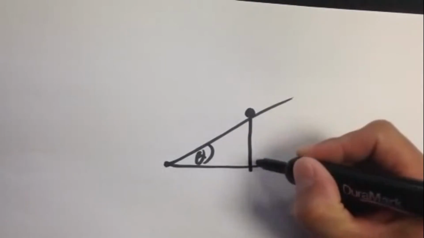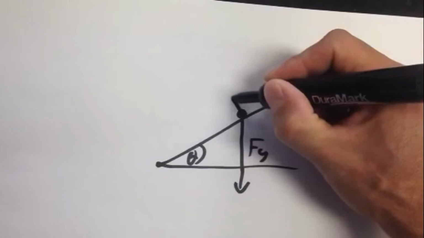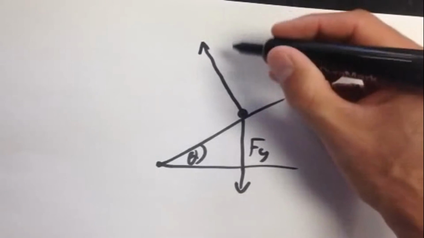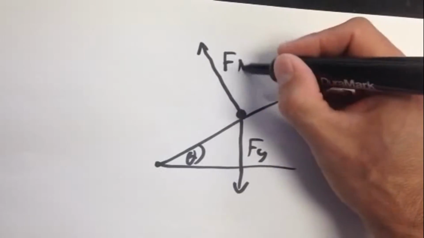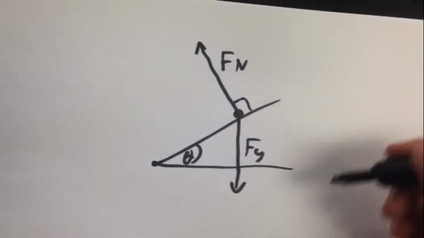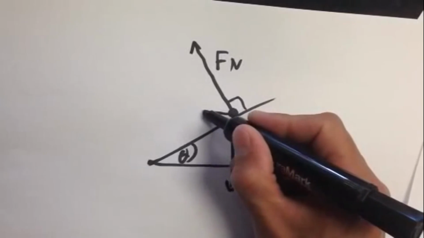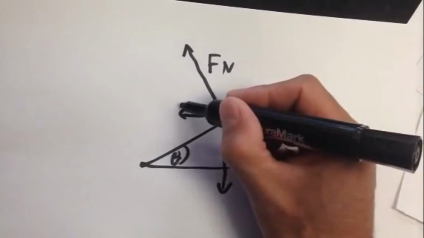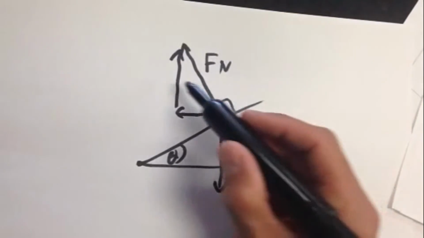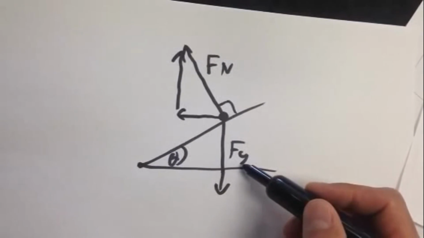But remember here, the difference is the force of gravity pulls down. That's not new. The normal force is, of course, 90 degrees from the banked surface. That's what normal means, by the way. But what we're interested in here is the horizontal and vertical component.